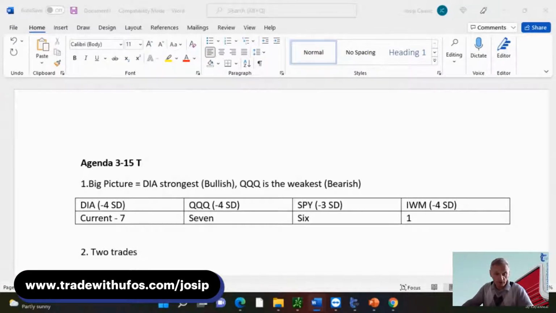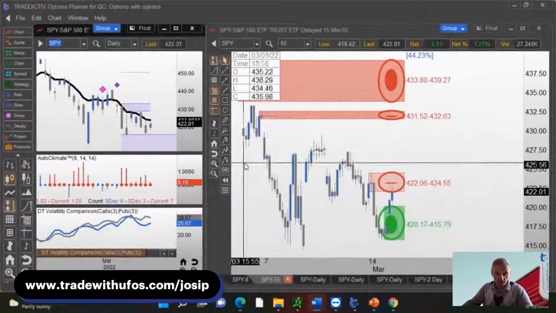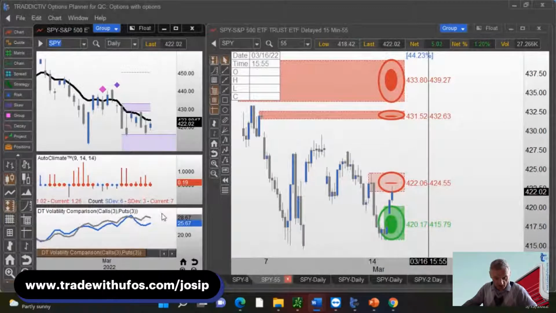So what I'm showing you right here is the Dow Jones, the QQQ, the S&P, and the Russell. And I have a word, standard deviation, and I'm looking exactly at SPY for now. If you're seeing right here on SPY, I'm going to encircle it. The negative standard deviation is 3, and we are currently at 7. What do these numbers mean?